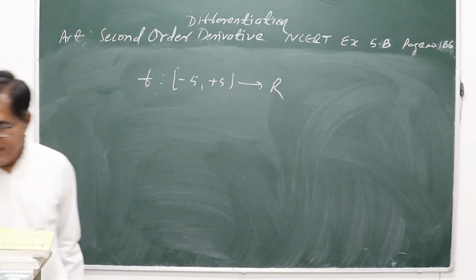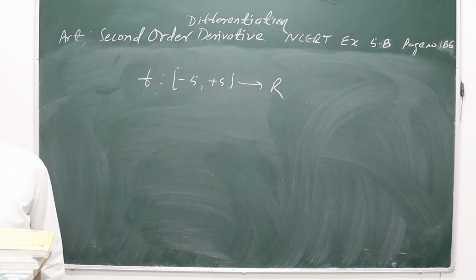Now question is f from -5 to +5 to R is a differentiable function and f dash x does not vanish anywhere.